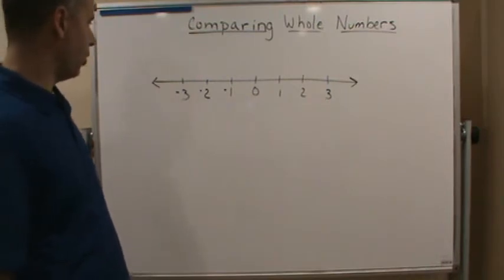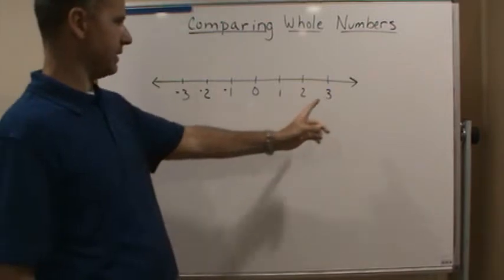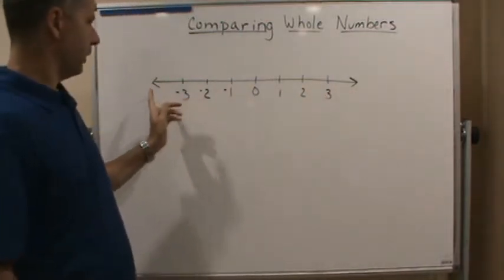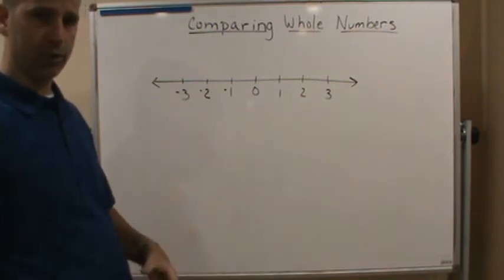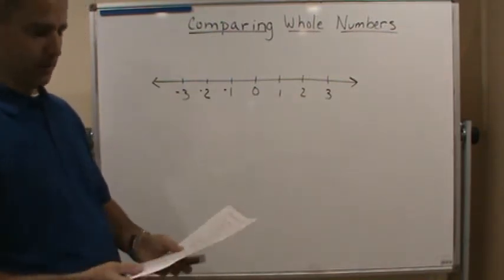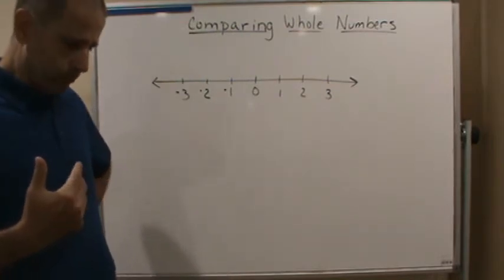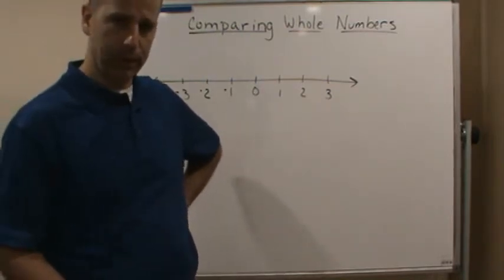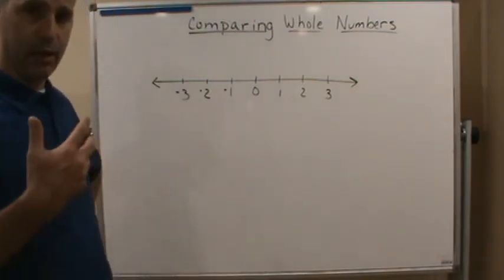Okay, so what does this mean? Well, a couple things to point out: these arrows say that the number line goes in both directions to infinity. Infinity is a mathematical concept. It doesn't have a lot of application in the physical world, but in mathematics, it helps us realize that this is going on forever.